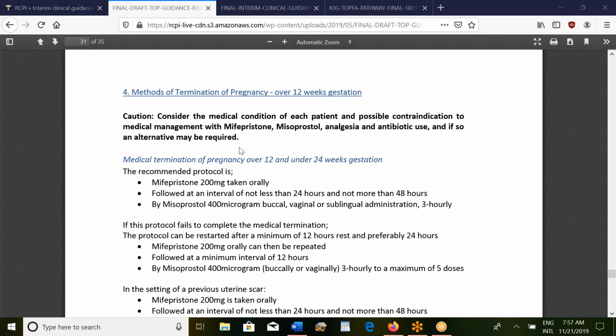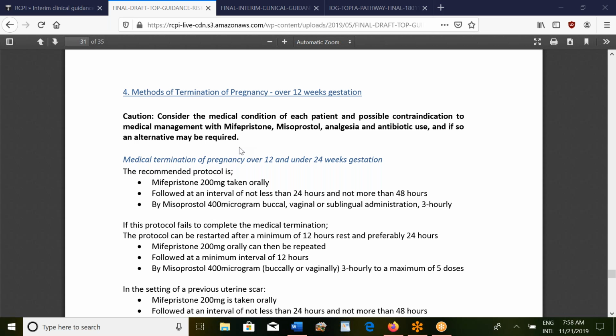Now, if she is more than 12 weeks, then again you have to see that the patient is fit for the procedure and whether abortion is justified or not. If you remember the clause, well and good. If you don't remember, don't mention it. Don't worry about that, they have tested that in the written exam.